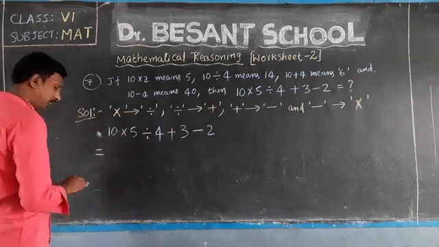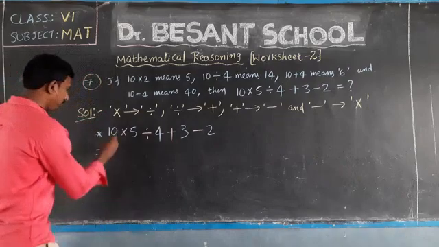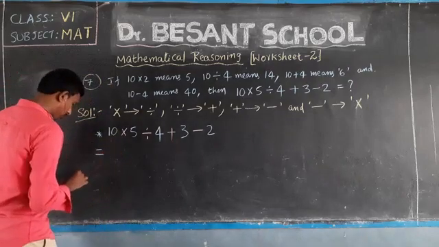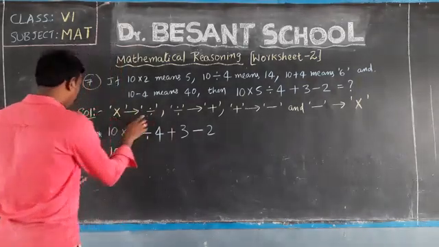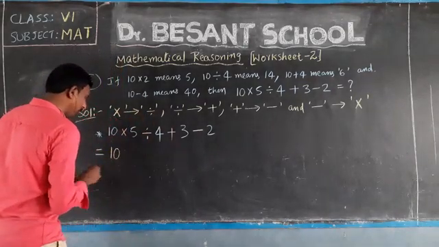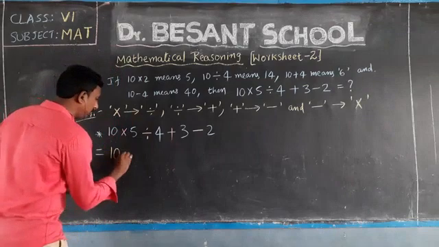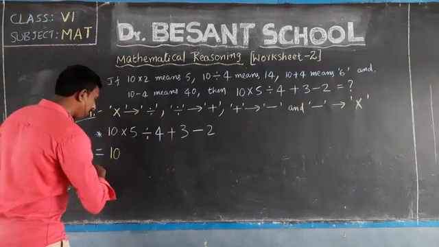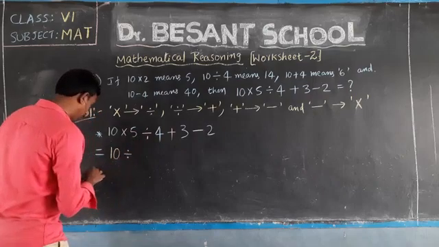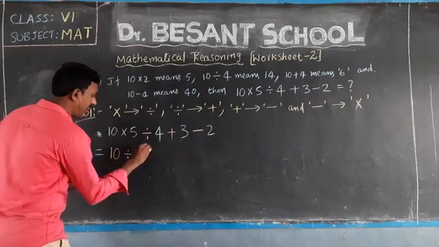Now, let's write down here. What is given here? 10 into means what do you have to do? Divided by. Yes, into means divided. We have to change it into the divided by symbol. So change that as divided by. You can write 5 as it is.